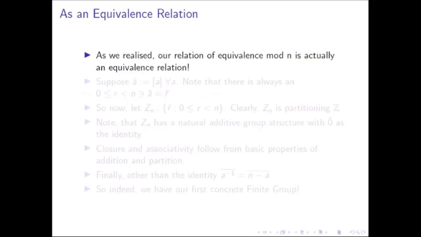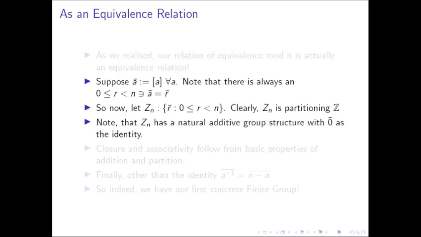So now we look at the equivalence classes and do some jugglery to create a group again. So first of all, we denote the equivalence classes as a bar instead of the regular box notation for all a in Z. So note that there is always an integer r between 0 inclusive and n not inclusive, such that a bar is the same as r bar.